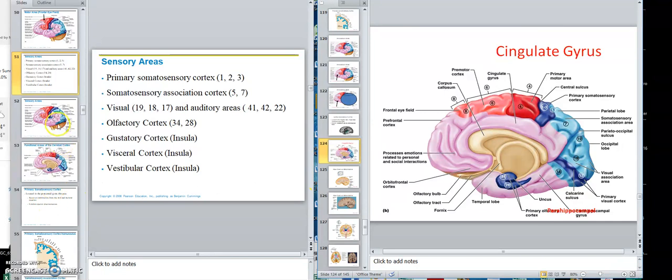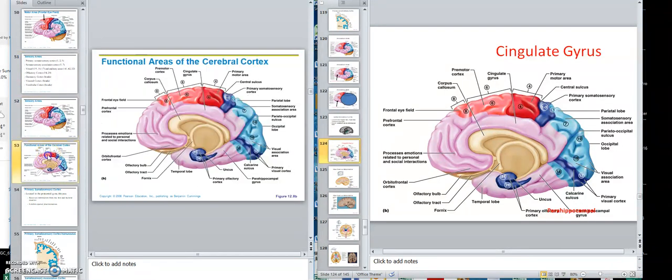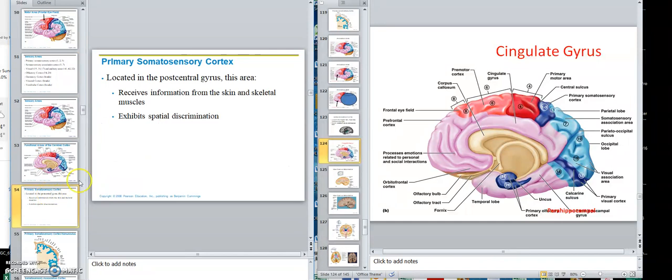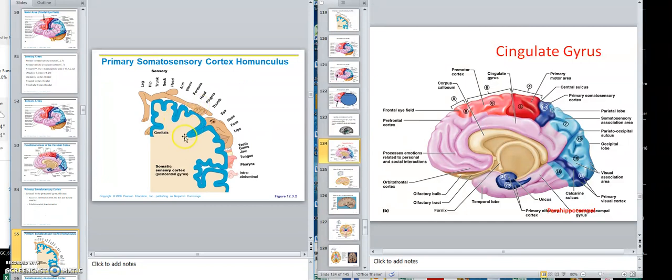All right. So this is what you saw. Then the primary somatosensory cortex, located in the postcentral gyrus, receives information from the skin and skeletal muscles. It exhibits spatial discrimination.